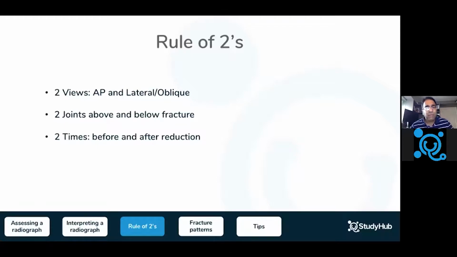Now, if you've got a fracture of the tibia, both joints, above and below the fracture, should be imaged. So, for example, in the case of a tibial fracture, your radiograph should include both the knee joint and the ankle joint. That is very important because the fracture line may extend to either end, involving the joint surfaces. And that's important for you to identify because of intra-articular extension.